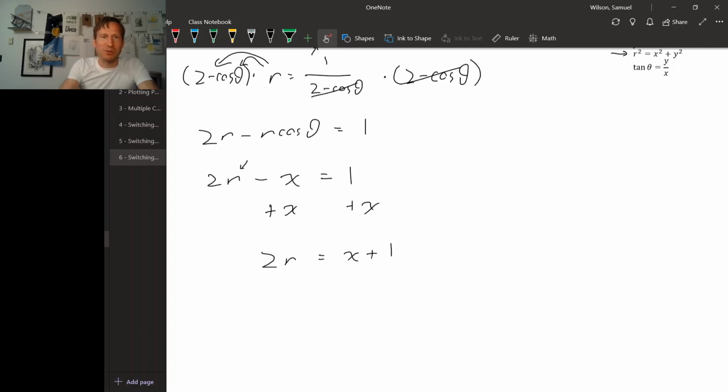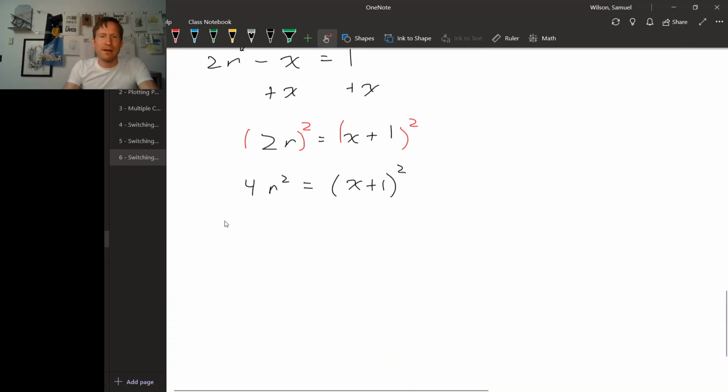And then we could just square both sides, like this. So on the left, we're going to get 4r squared equals, let's not multiply out this squaring just yet. We might need to later, but it's not really clear. Okay, r squared is x squared plus y squared.